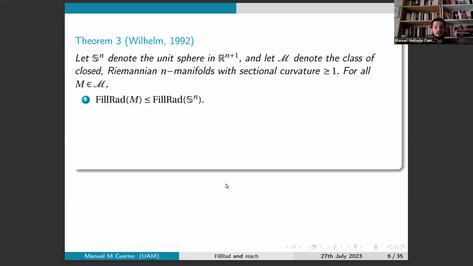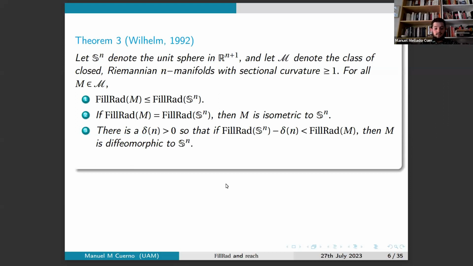Later, Wilhelm, in a very beautiful paper, shows some estimates of the filling radius of positively curved manifolds. If we have a positively curved manifold, then its filling radius is less than or equal to the filling radius of the sphere. If the filling radius of M is the same as the filling radius of the n-sphere, then M is isometric to the sphere.